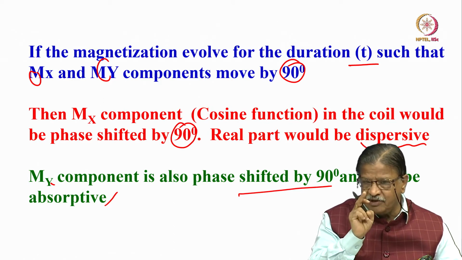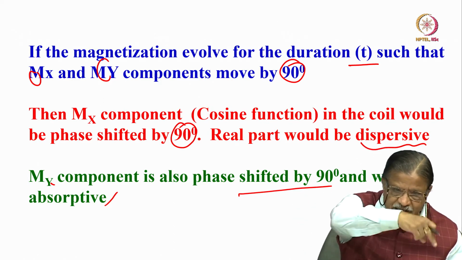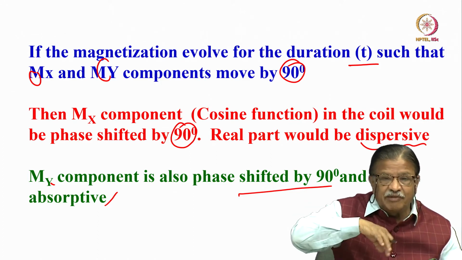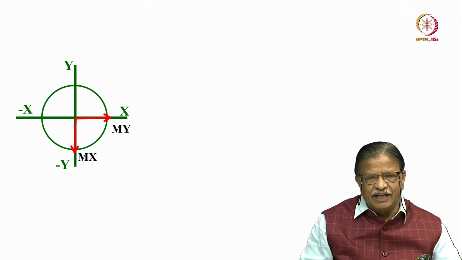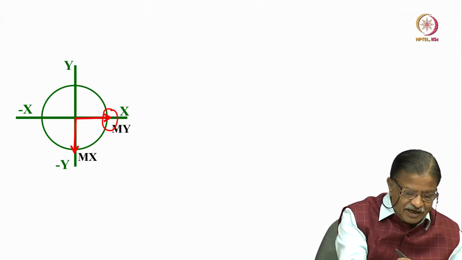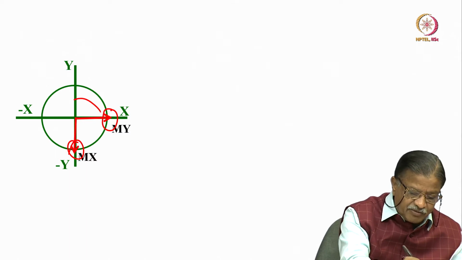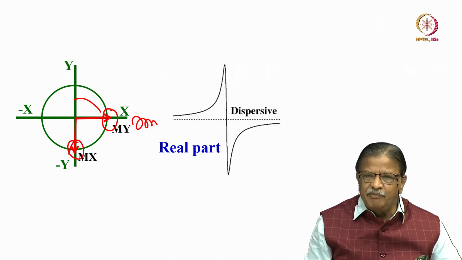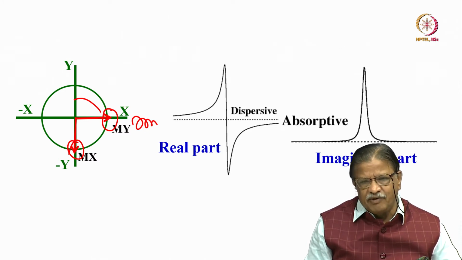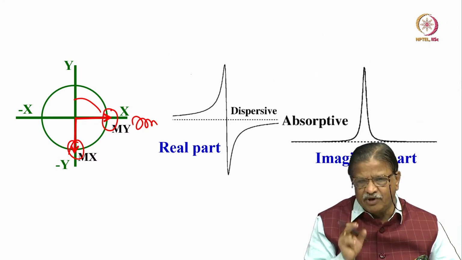Now both the components of magnetization have moved. So chemical shift evolution has taken place. They moved by 90 degrees. Mx has moved here, My has moved here, and the receiver is still here. So what is going to happen? The real part will be dispersive and the imaginary part will be absorptive. This is an important point.